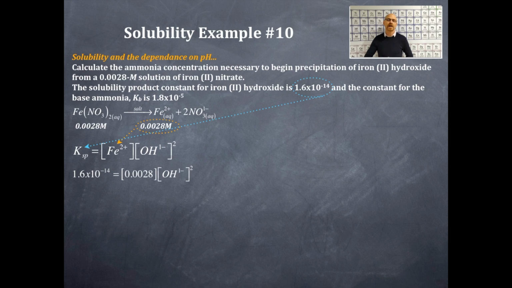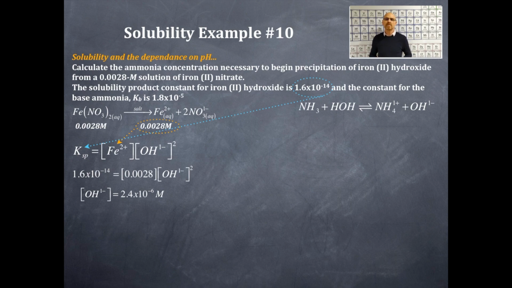We're going to solve for the hydroxide ion concentration. Notice that there's still that squared term on the hydroxide. So the hydroxide ion concentration is 2.4 times 10 to the negative 6 molar.